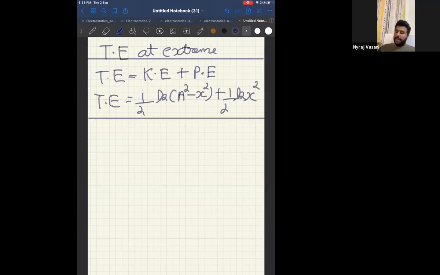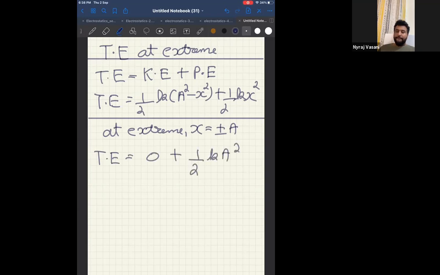Now, at extreme, x is equal to plus or minus a. At extreme x is equal to plus or minus a. Therefore, can I write total energy is equal to, correct?